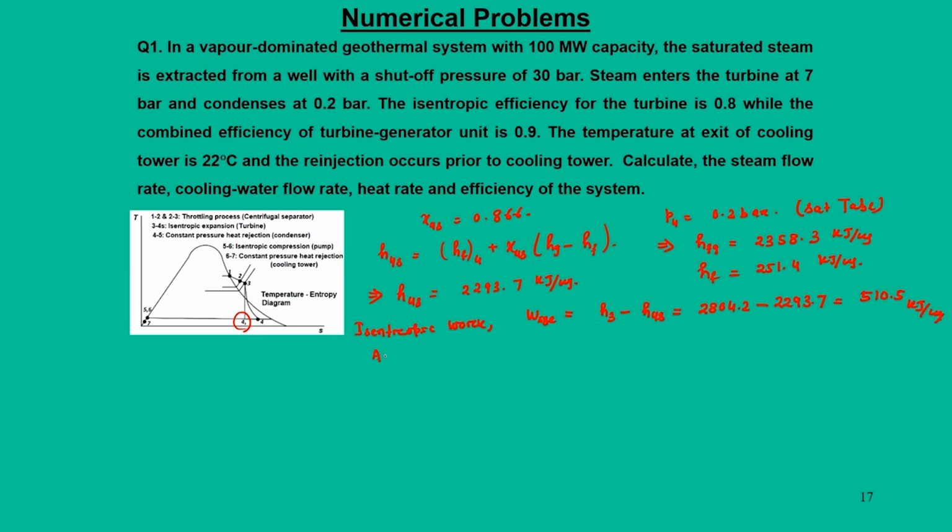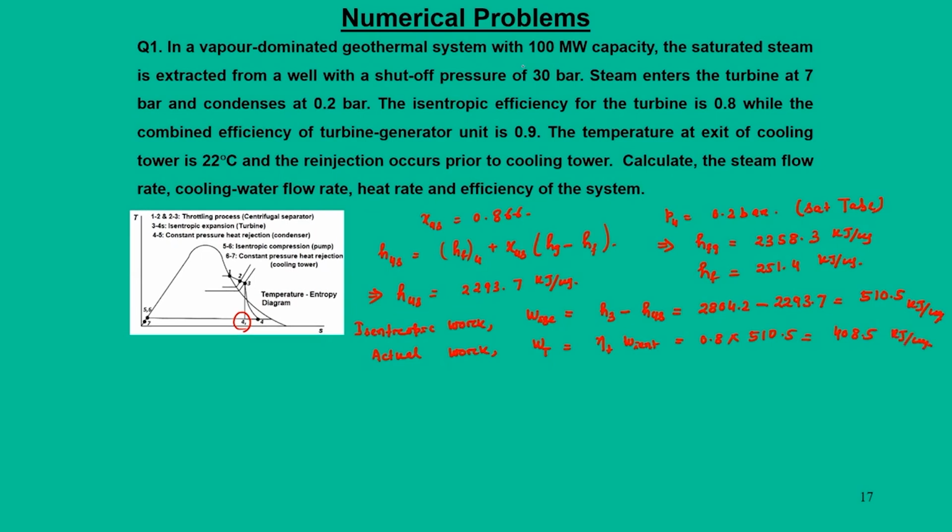Then actual work, that is turbine work, is isentropic efficiency of the turbine into W isentropic. If we multiply 0.8 into this number, we get turbine work as 408.5 kilojoule per kg.